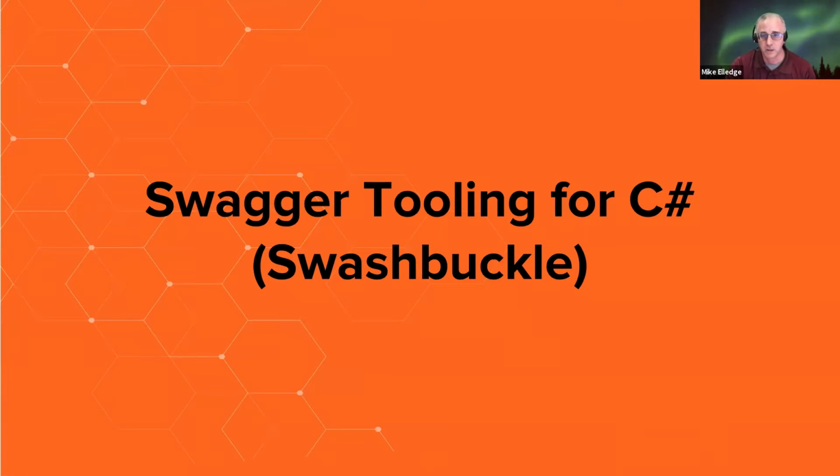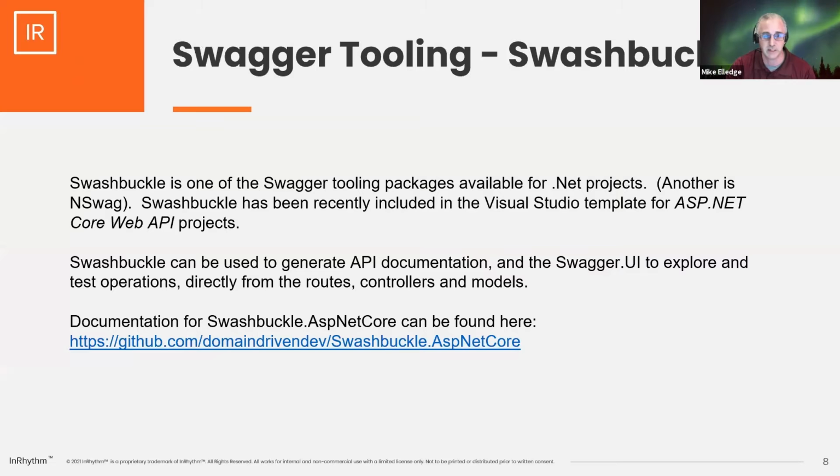Okay, so most of our tooling, most of the time that we're working in C#, we're working in Visual Studio Professional, and Swagger is now a first citizen for Visual Studio, and that makes it really cool when we're doing .NET Code, .NET Core web apps and APIs.